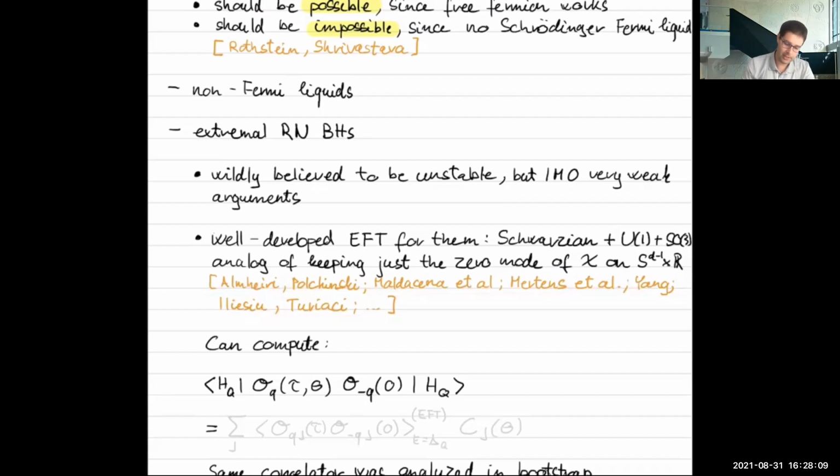This is the famous Schwarzian theory, and if we are thinking about RN black holes in AdS4, then these get decorated by a U(1) and an SO(3) gauge theory. Those are somewhat trivial compared to the Schwarzian.